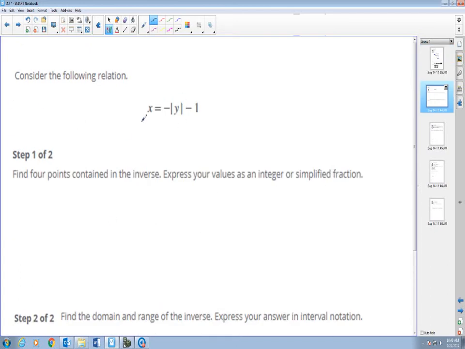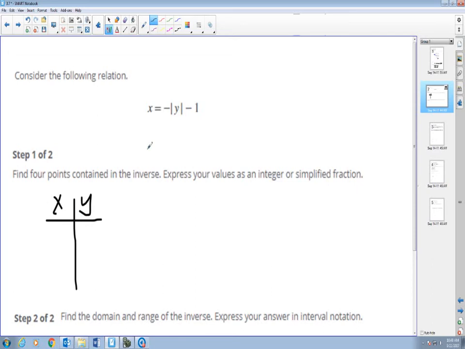So for example, they don't call this a function, they call it a relation for right now. Find 4 points contained in the inverse. The easiest way to do this is for the original relation, I will just come up with 4 points.